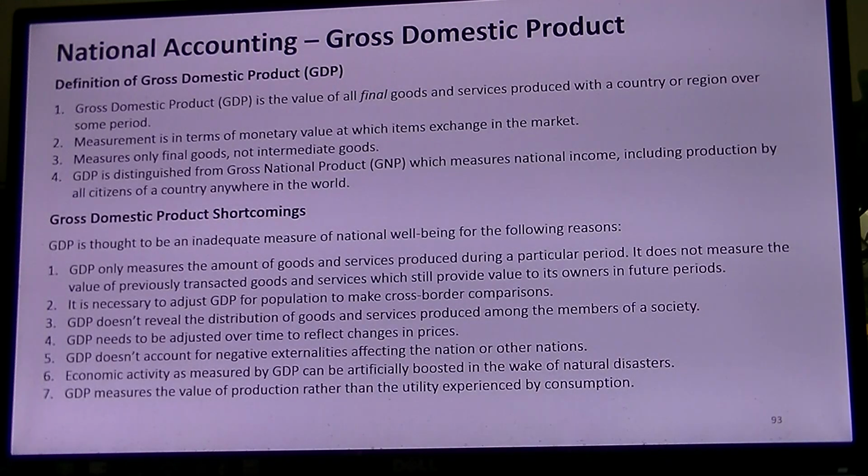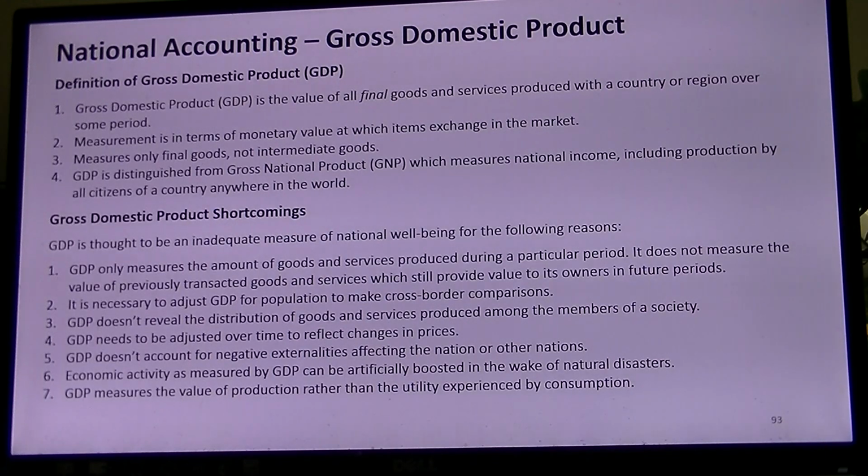That is, the final goods that are consumed by businesses or households, but those are final goods, not the intermediate production, but the final consumption of those goods. It's distinguished from gross national product.